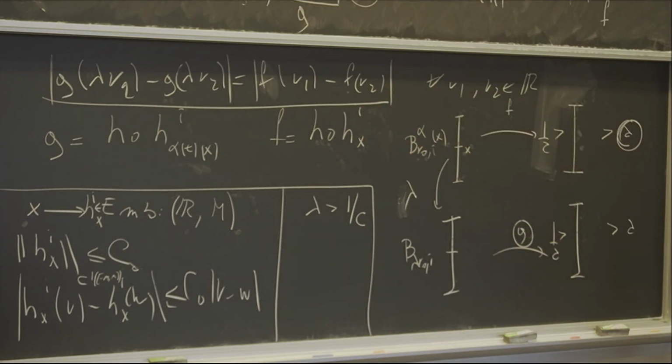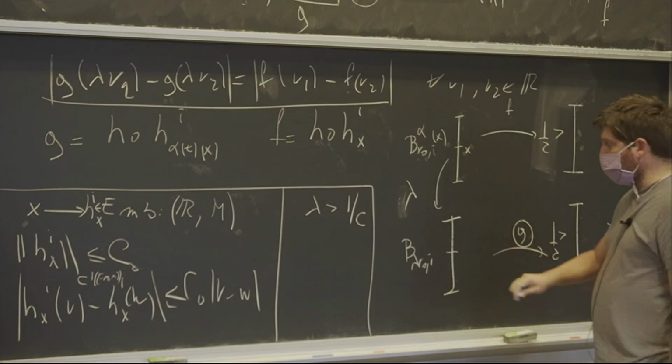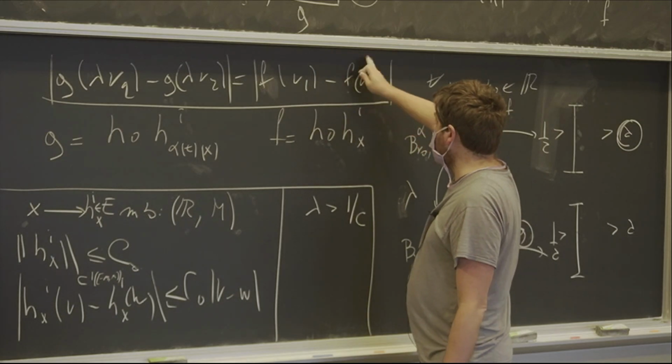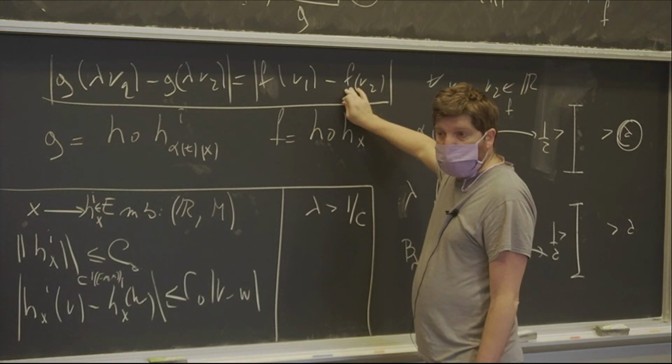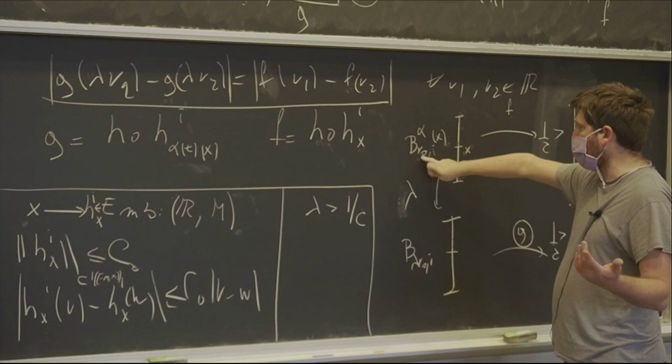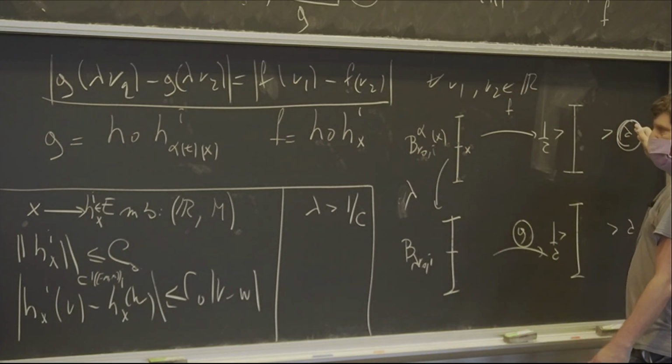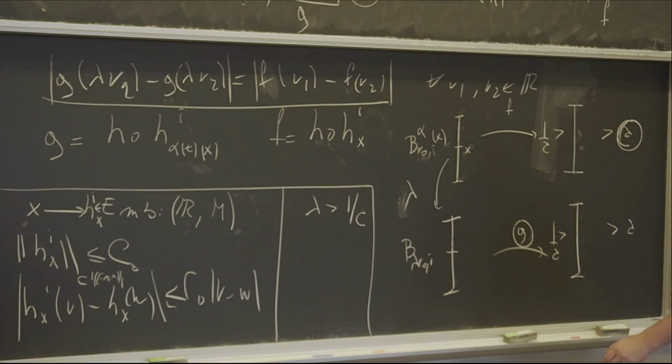I just consumed all my time. So you can really make very explicit the value of c in terms of the epsilon delta continuity properties of g here, epsilon r naught, delta a, or something like that. So it's very, very explicit.